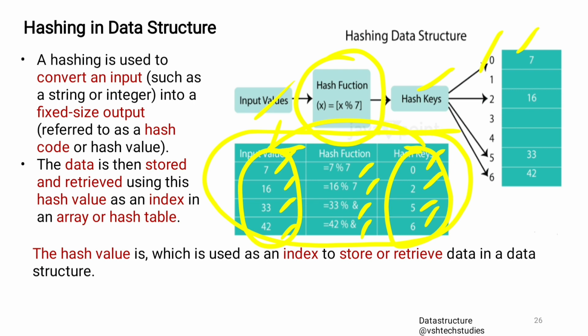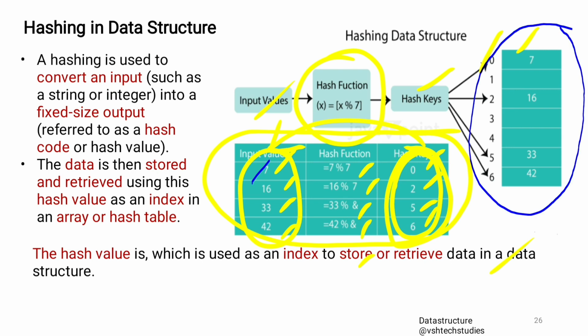This key value is called the hash value, and it is used to store or retrieve the data in the hash data structure. So what is the meaning of this? If 7 is the input value, and the number of data that is going to be stored is 7, then 7 mod 7 is done, that is 0. So in the 0 indexed memory location, 7 is stored.